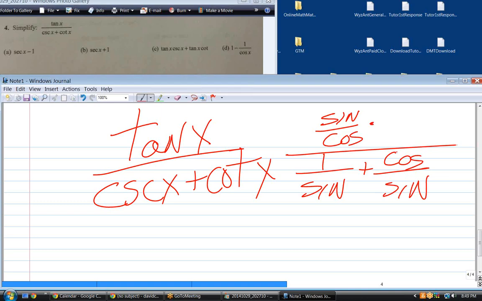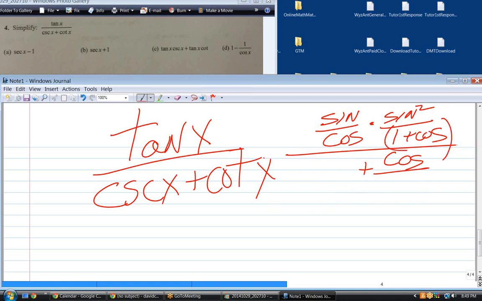So I'm going to multiply this by sine squared over 1 plus cosine. That doesn't look very promising. Sine cubed.